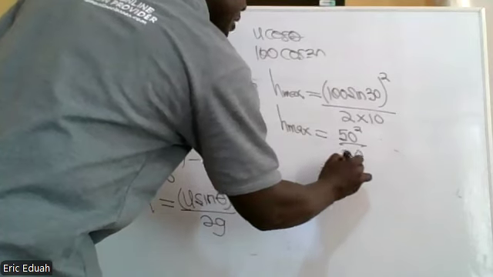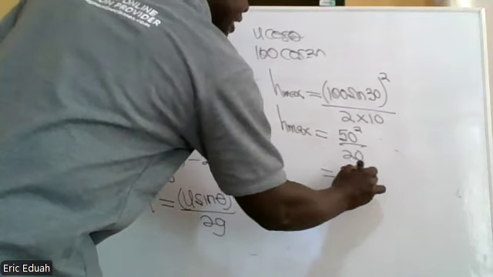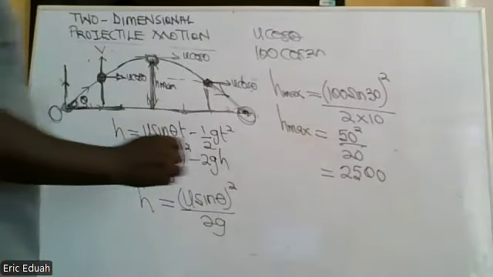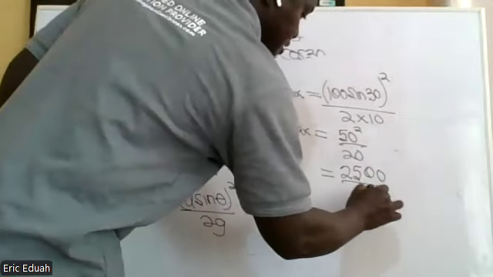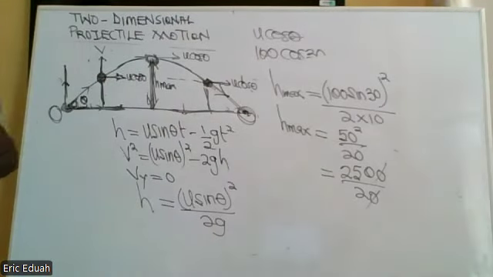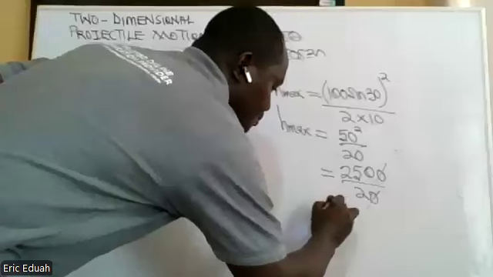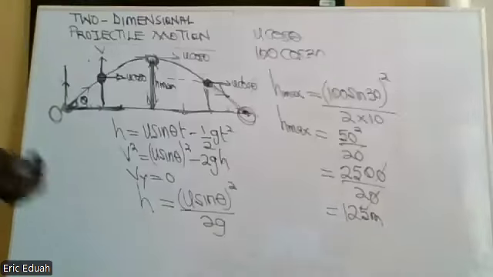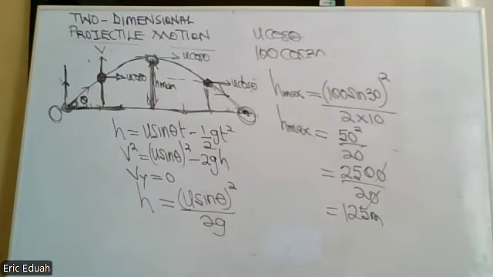And 50 squared is 2500, isn't it? Yes, sir. So 2500 divided by 20 is 125. So those of you who said 125, you can be smiling.